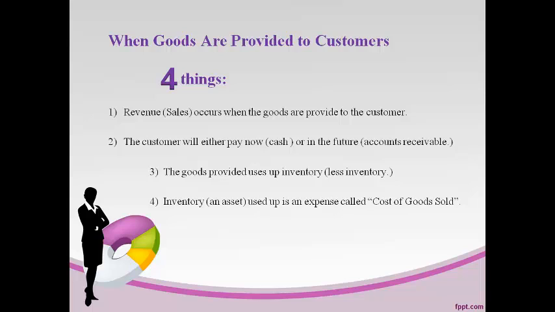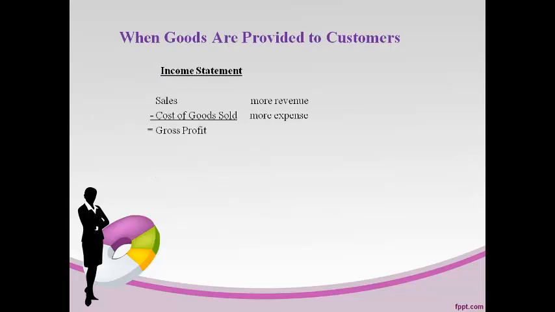Inventory is decreased, and cost of goods sold is the expense of using the inventory. Providing goods to customers requires four things to be reported. The income statement reports the sales less the cost of goods sold. The balance sheet records the decrease to inventory and an increase in cash or accounts receivable.